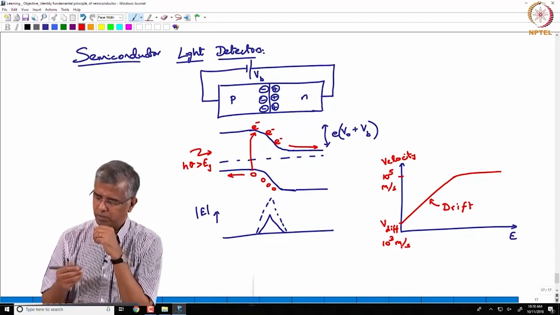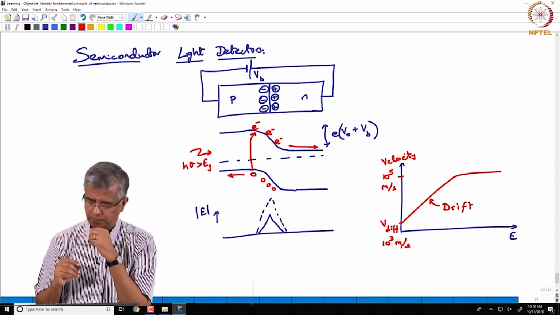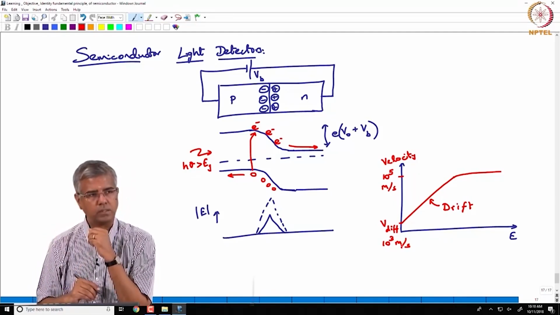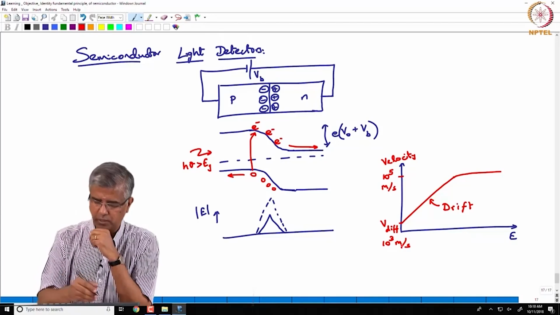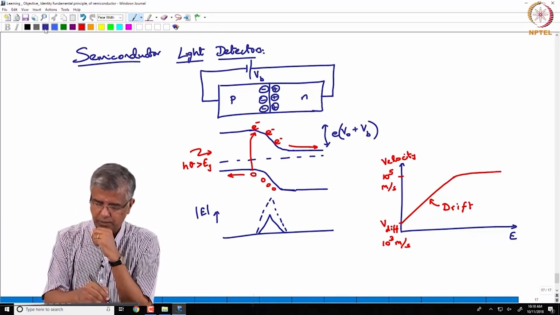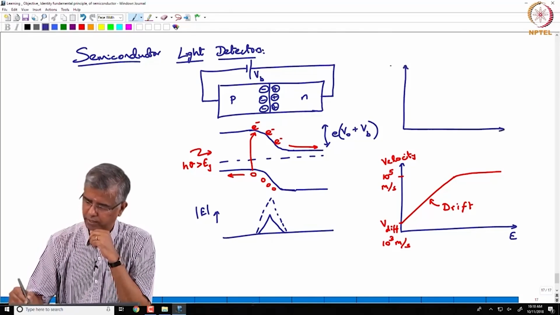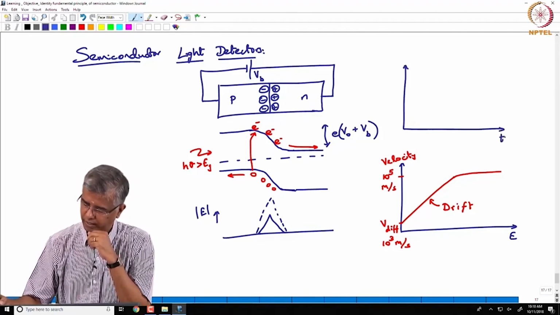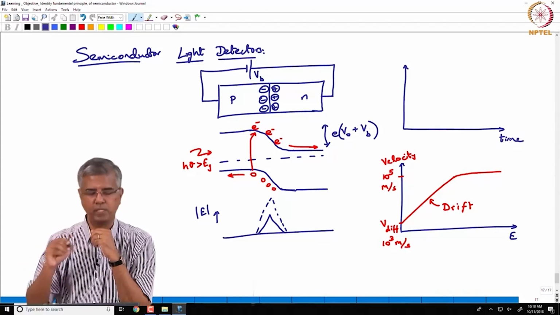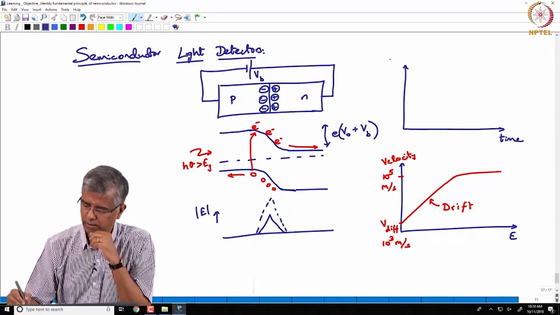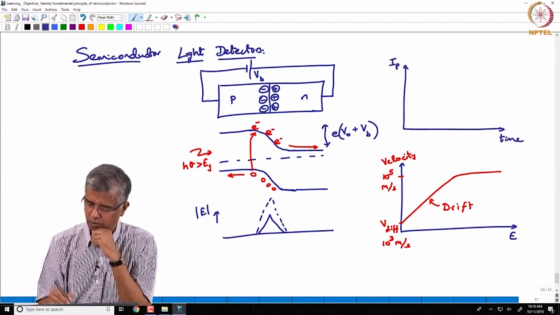Now, what is the effect of that on the response of this photodiode? We can look at that effect in terms of time, the temporal response. So, let us say this is the photocurrent.